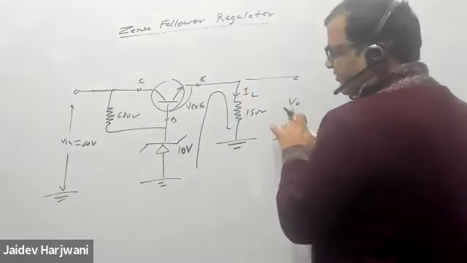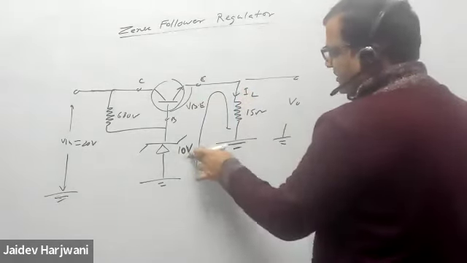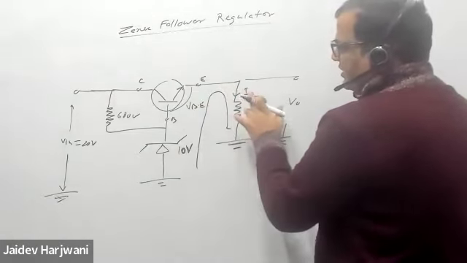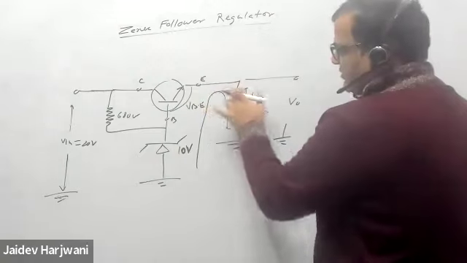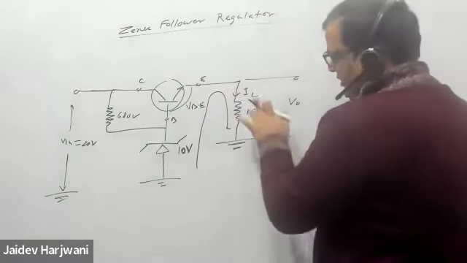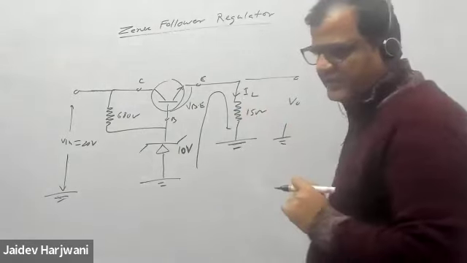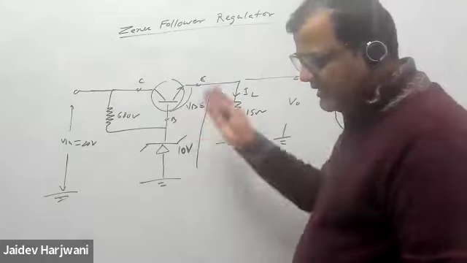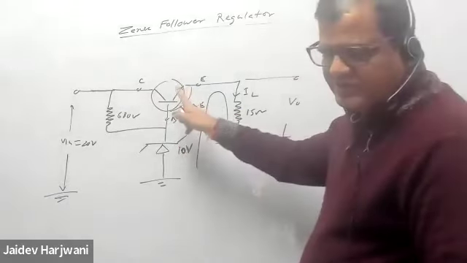If this voltage gets fixed, then you can find the current. What is IE? Once you know the current IE, which is coming from the ammeter and is equal to the load current, which is equal to IC, and if beta is given, you can find how much IB is going.